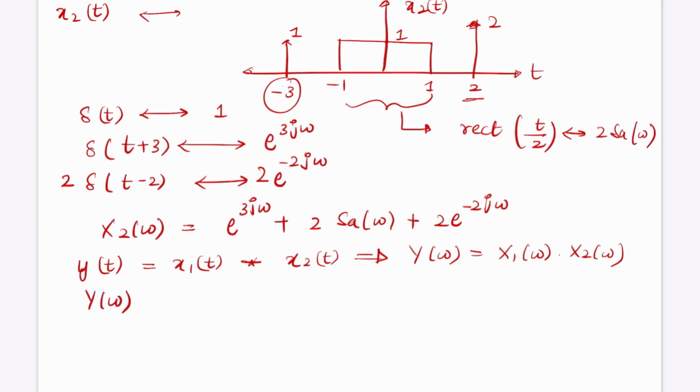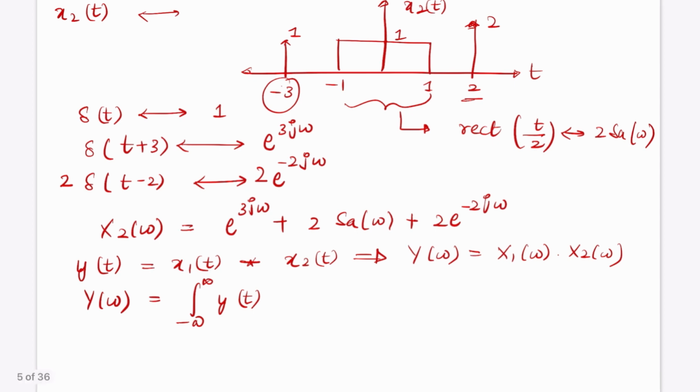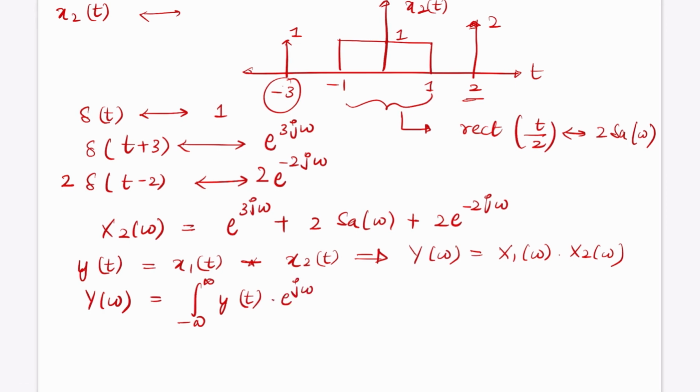Now the formula for the conversion of time domain to frequency domain, the formula for the Fourier transform, is given by Y(omega) equals the integral from minus infinity to infinity of y(t) into e raised to power minus j omega t dt. In this, if I put omega equal to 0, then Y(0) will become the integral from minus infinity to infinity of y(t) dt.